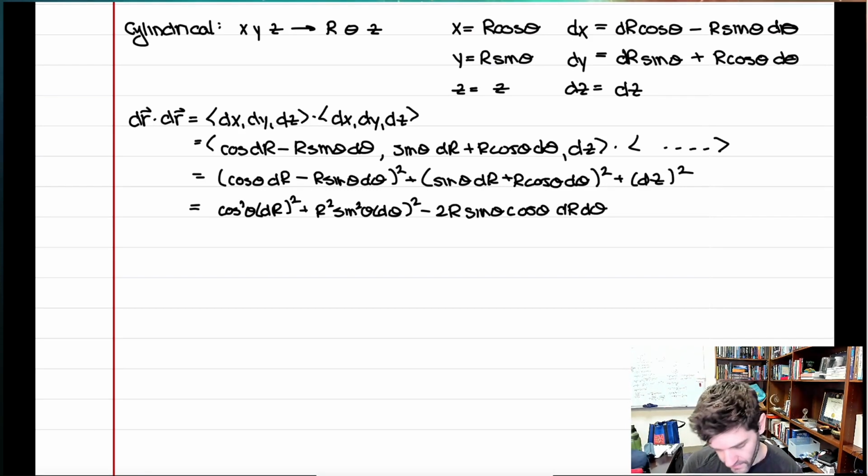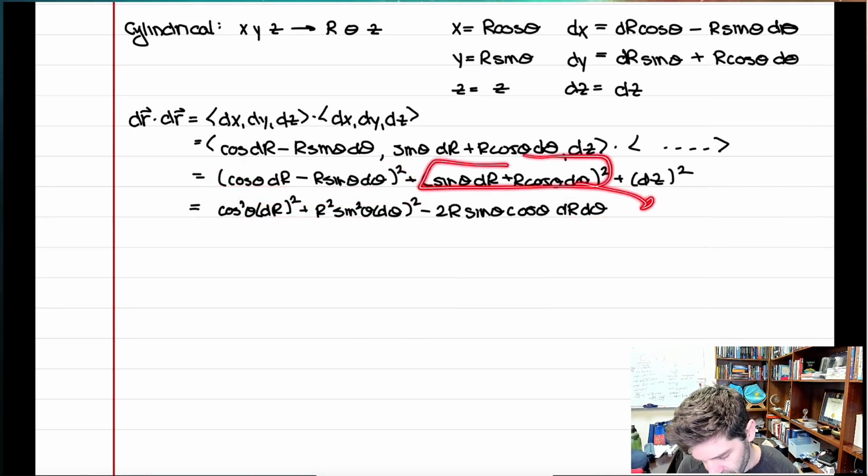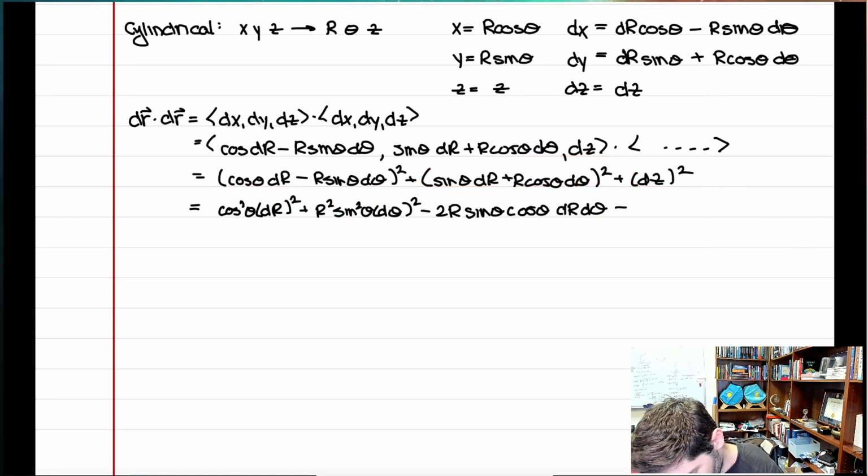And that's just expanding out this, which gives you these 3 terms. Then I could do the same thing for this, and the same thing for this, and I'll let you fill in the blanks.